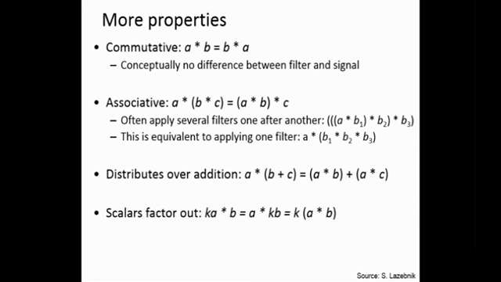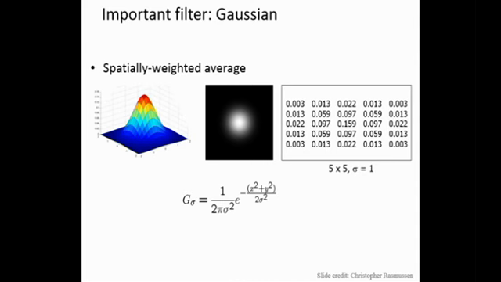If I filter K times A with B, that's the same as filtering A with B and then multiplying by K. Or if I filter A with K times B, that's the same as filtering A with B and then multiplying by K. Where multiplication there, I mean element-wise, not matrix multiplication. And then the identity is the unit impulse. It's just a field of zeros with a 1 in the center, and that does nothing to the original signal. The output is the same as the input.